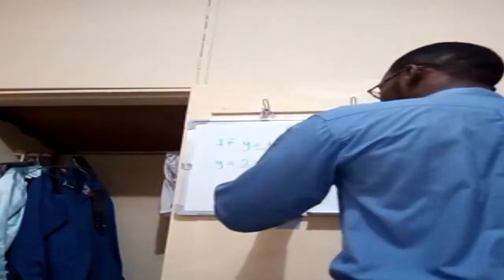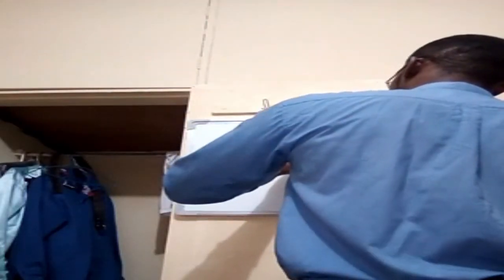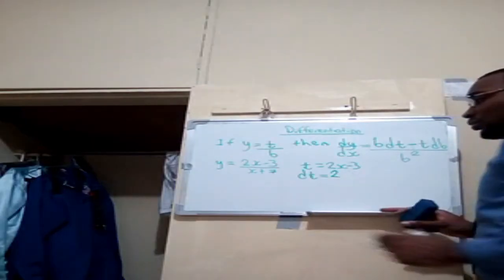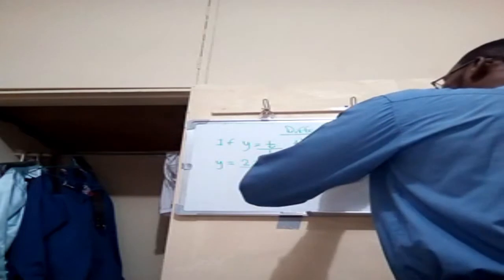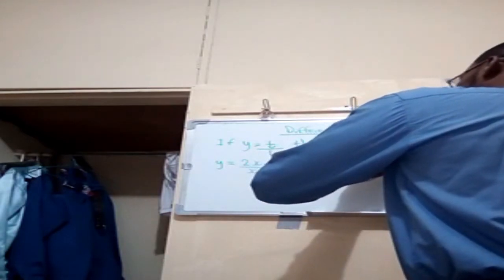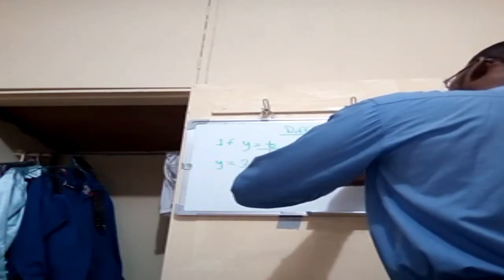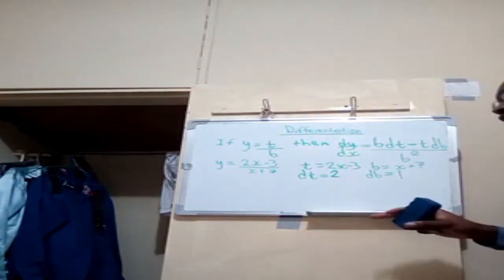The top is 2x minus 3, and so the differential of the top is, carry down the power, subtract 1 from the power, and we'll get 2. Now the bottom is equal to x plus 7, and so the differential of the bottom is equal to 1.